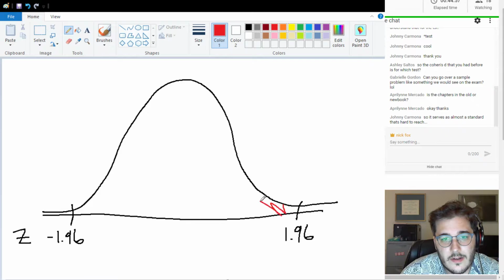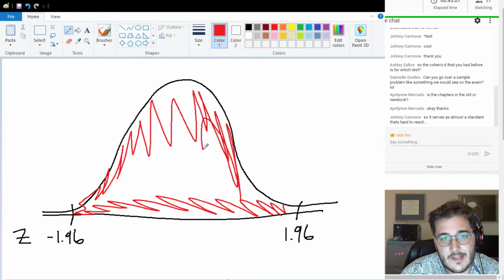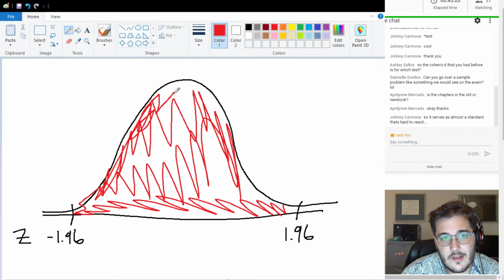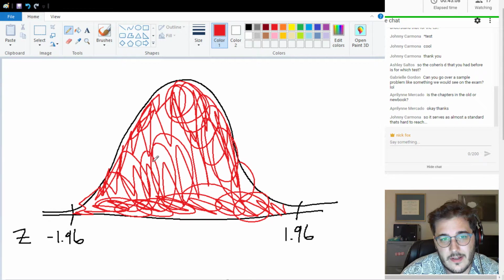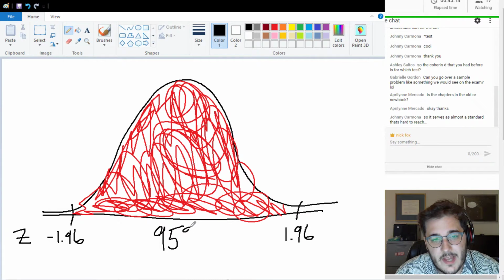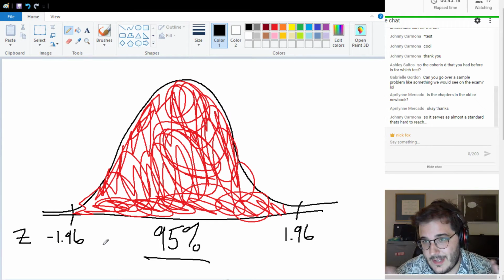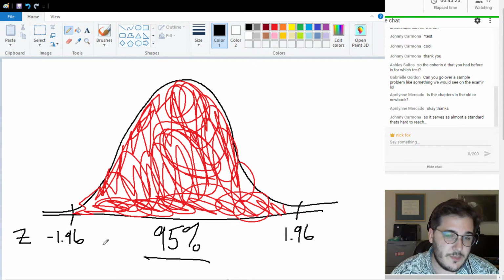Inside here, between negative 1.96 and positive 1.96, in this big bulge of area, is where most of your observations are. 95% of all observations are within 1.96 and negative 1.96 standard deviations of a normal curve, which means that there are 2.5% on either side still.